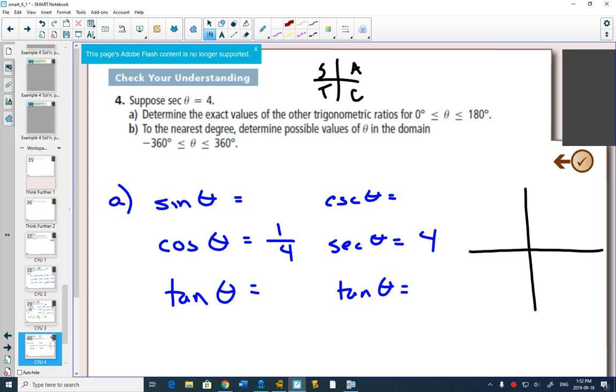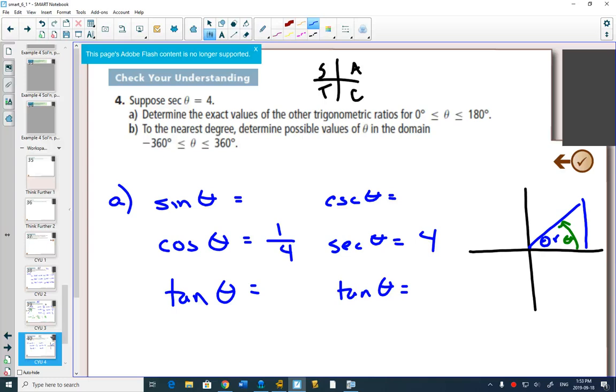When I draw it in quadrant 1, labeling my reference angle, which in quadrant 1 happens to be identical to my angle, in standard position, here's my angle theta. Can you see that it's identical to my reference angle when it's in quadrant 1? And we know that cos of theta is 1 over 4, and cos is the adjacent over the hypotenuse.